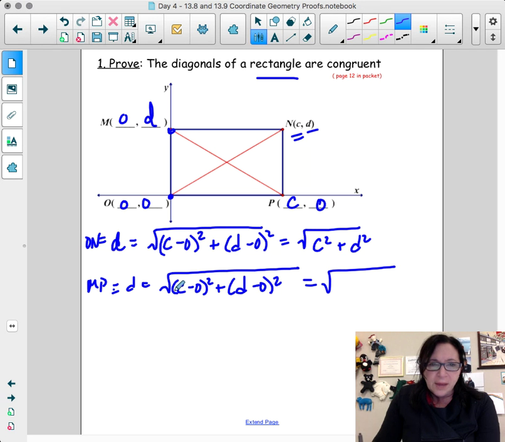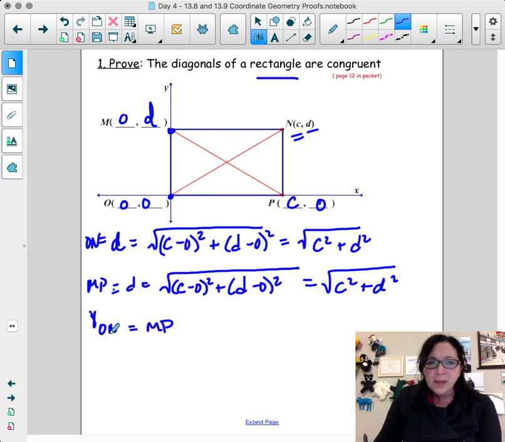So square rooting that, let's see. C minus 0 is C. C squared is still C squared. This is going to be D squared. And my two lengths, the measure of ON is equal to the measure of MP. These are equal. They have equal lengths.